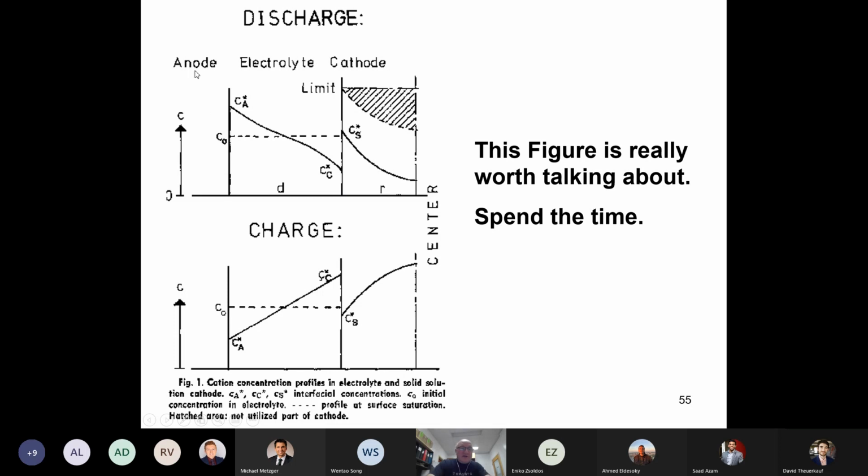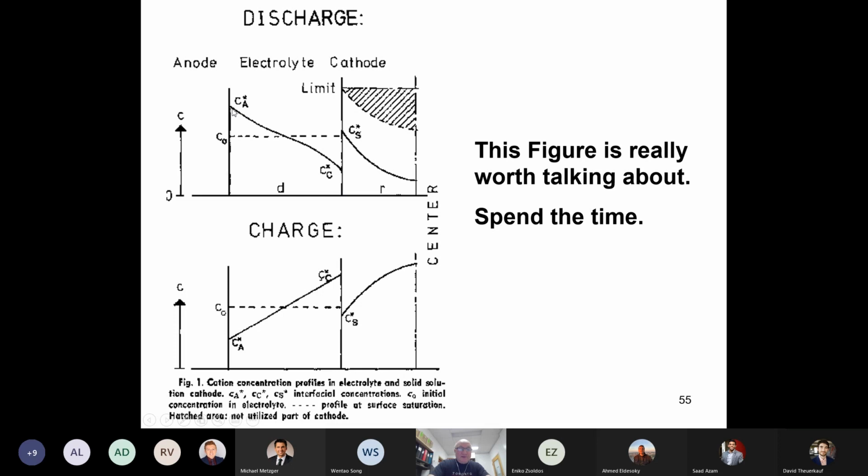So now let's talk about it. So here, the anode is lithium metal, and the vertical axis here is the concentration of lithium ions either in the electrolyte or within the solid. Okay? So you're discharging, and in a lithium metal cell, that means you're moving lithium ions through the electrolyte from the lithium metal to the intercalation cathode, and you're filling it up.